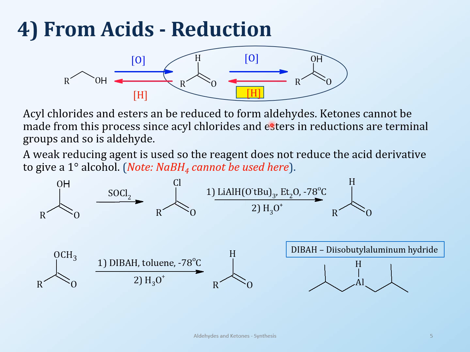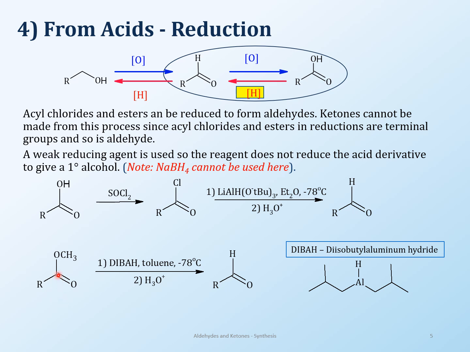So for taking an acid, you can convert the acid into aldehyde, but practically speaking, when you're working in the lab, you have to actually turn it into an acyl chloride and then do the reduction. Okay, so here is the one from ester.